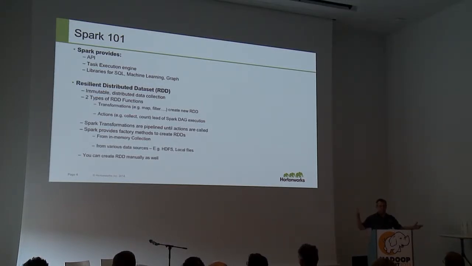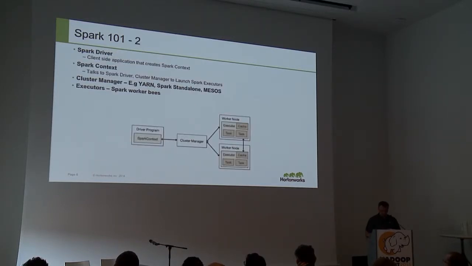You can chain them up as much as you want, and nothing will happen until you finish your pipeline with a terminal operation. There are several terminal operations, and we'll look at some of them: collect, save as text file, and so on. So that's pretty much how you look at Spark.